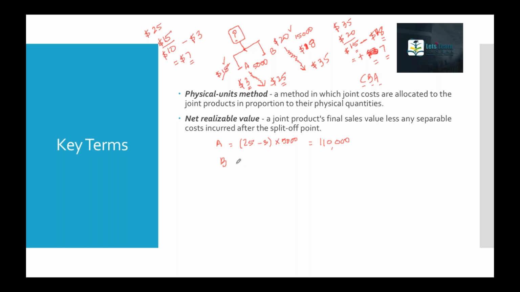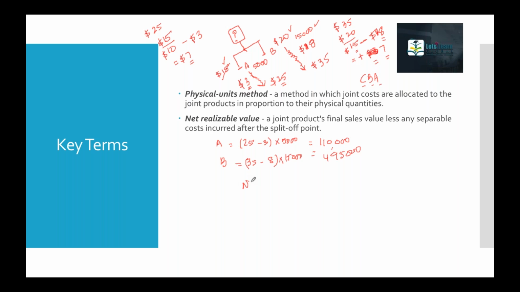Likewise B, 35 minus 8 into how many units? 15,000 units. That equals 27 times 15,000, 405,000.